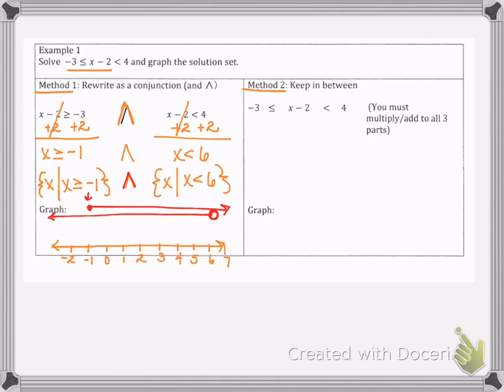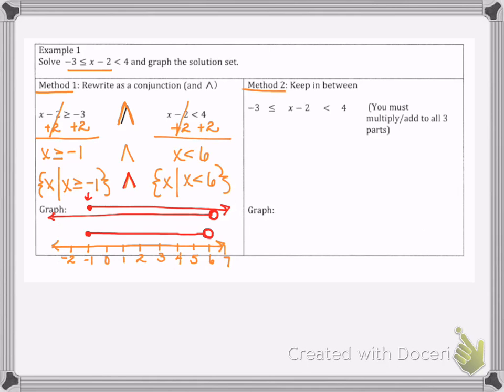So that means my final graph for this conjunction is going to have a closed circle at negative 1 because they both had it, an open circle at 6 because that's where the one graph stops and we have to be where they both are, and shading in between. And you'll notice that the and graph is one piece of graph.